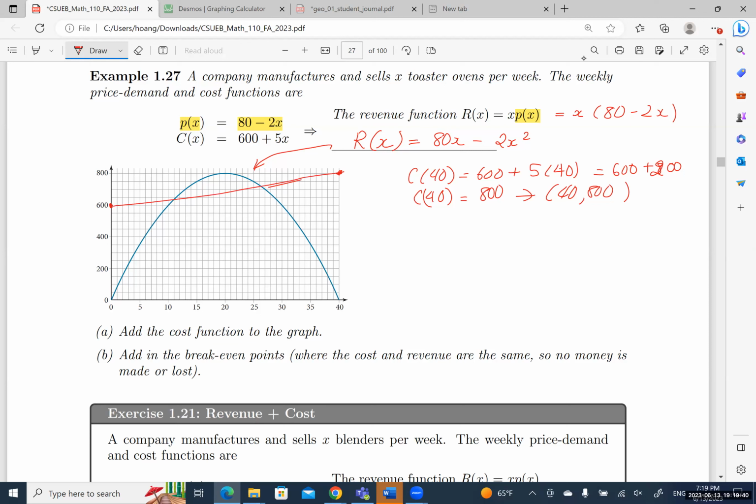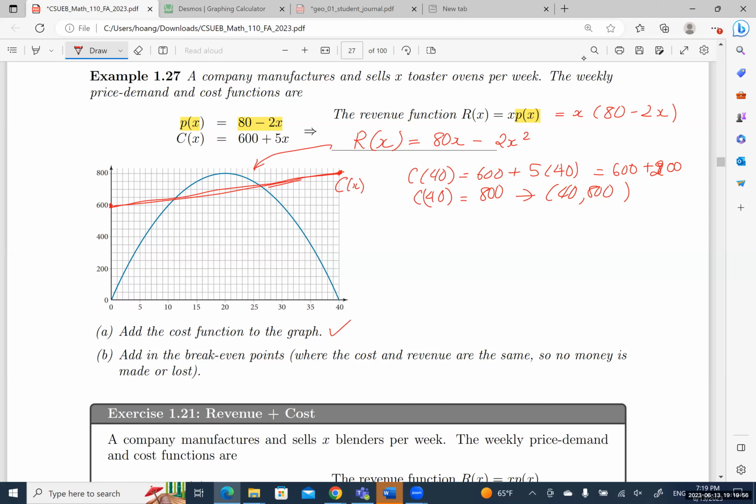This one's better. I have the cost function there, and I label it as C of X here.